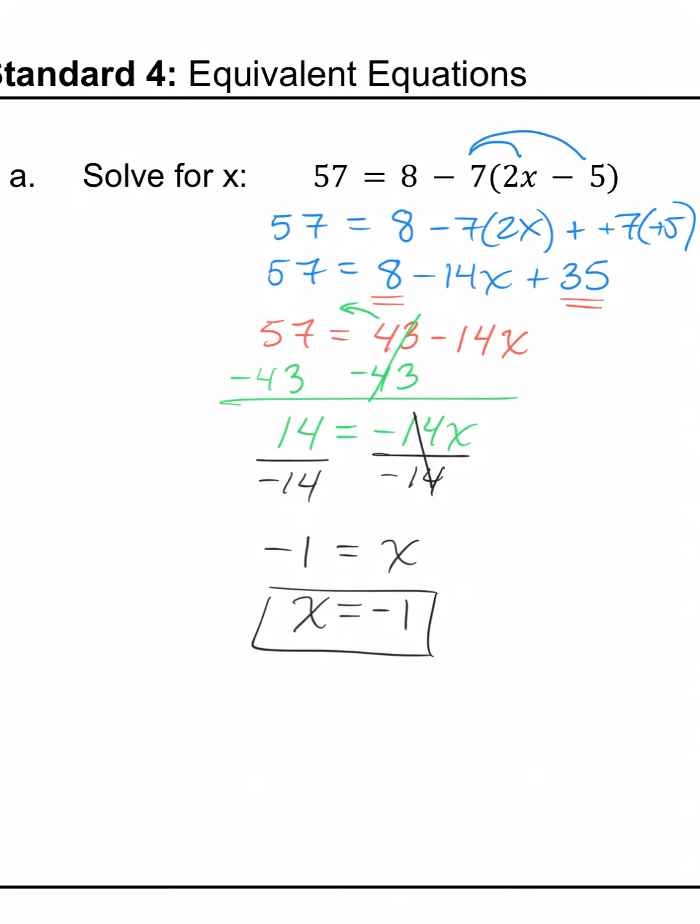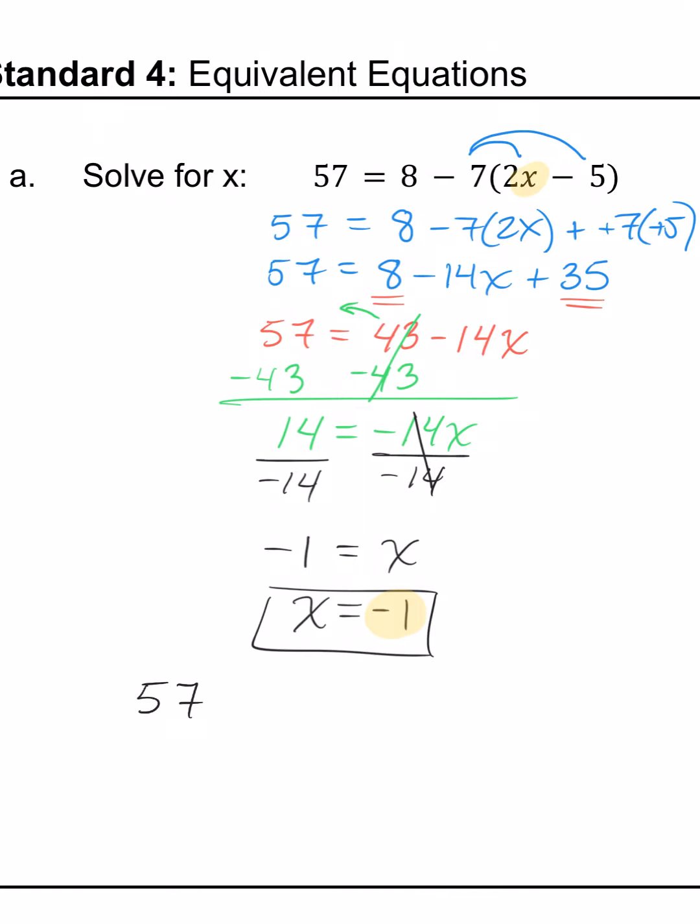Now, if you're worried that you're not sure whether this answer is right or not, what you can do is plug this back into the equation to see if it is true. If we plug this value inside, it will make the equation true. Let's take a look.